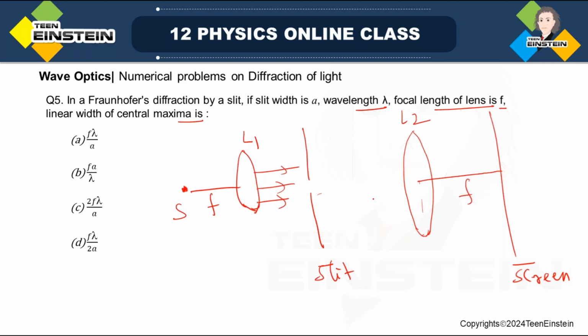We have to find out the linear width, which is the distance of the first dark band and the next bright band from the axis.